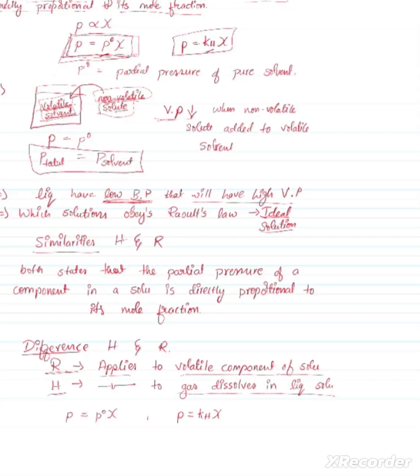That one will have high vapor pressure. Then which solution obeys Raoult's law? We call it an ideal solution. Similarities and differences between Henry's and Raoult's law are very, very important for your examination.